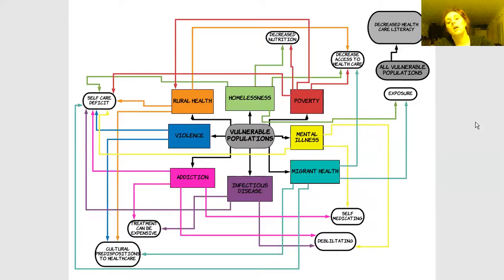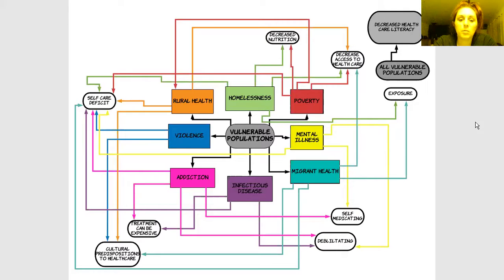So we will go over 8 different vulnerable populations, and they are listed on the Lucid chart in the circle, all in different colors. We will also go over connections to risk factors for these vulnerable populations, as well as a little bit of how they interact with one another.